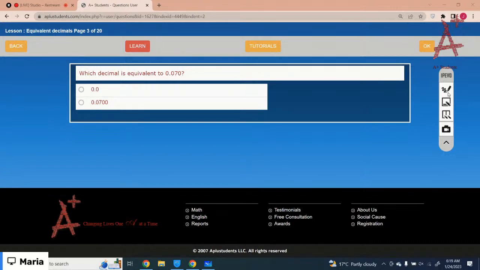Yes, that is the second option. They are equivalent to 0.0700. Got it? Okay, sorry, I haven't selected any of the options.